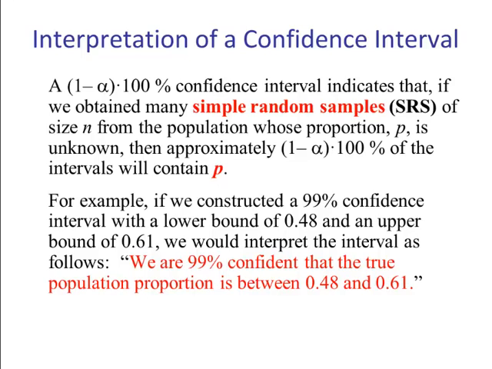Well, it means if we were to construct a 99% confidence interval with a lower bound of 0.48 and an upper bound of 0.61, we would interpret the interval as this. We are 99% confident that the true population proportion is between 0.48 and 0.61.